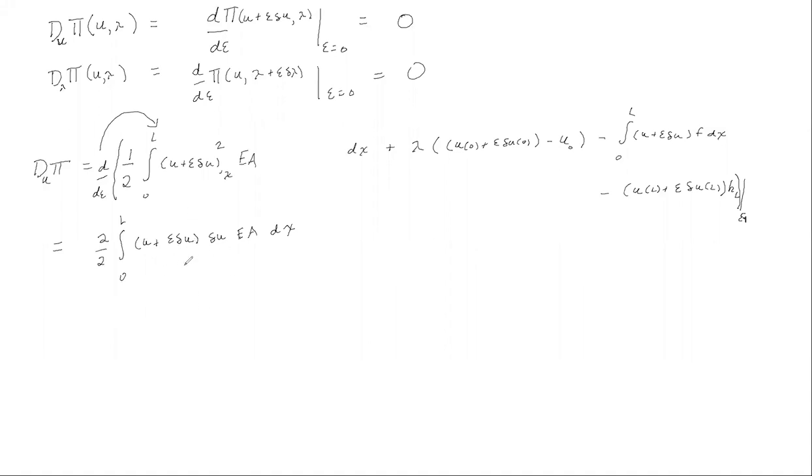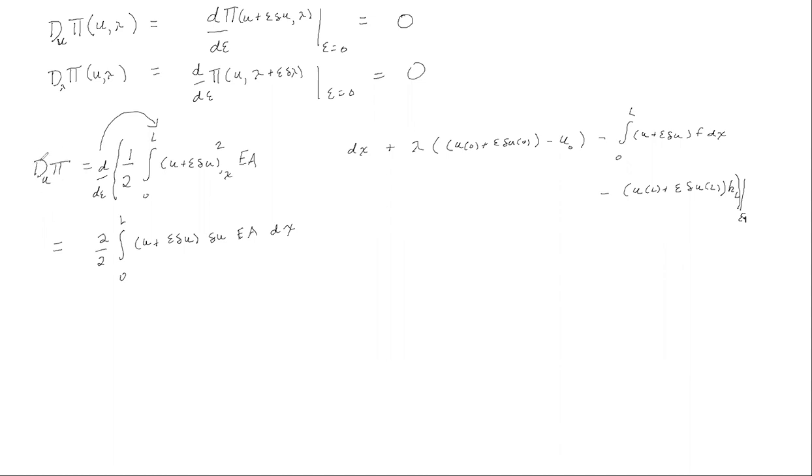I have a quick question. Are we using the Gateau derivative? I'm curious about the purpose of the u plus epsilon delta u and the lambda. This is sometimes called a Gateau derivative, and under certain smoothness assumptions, you can call it a Fréchet derivative as well.